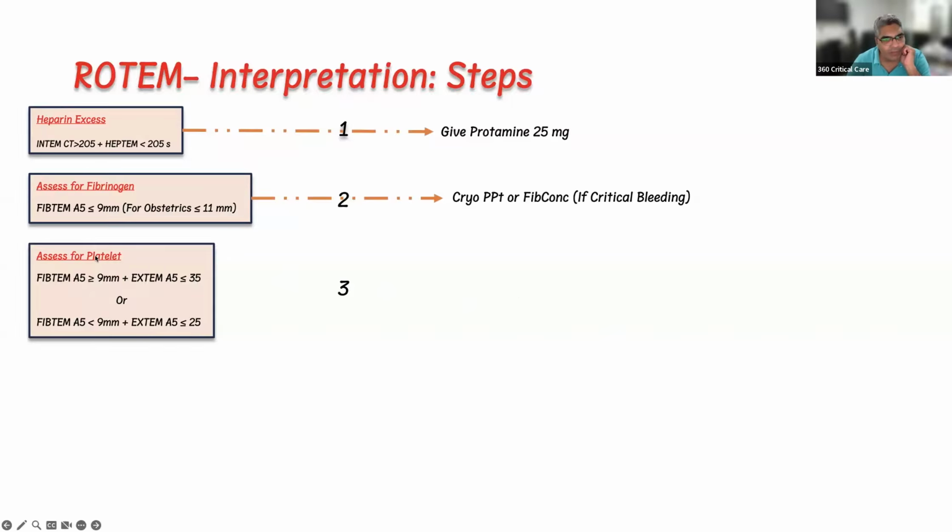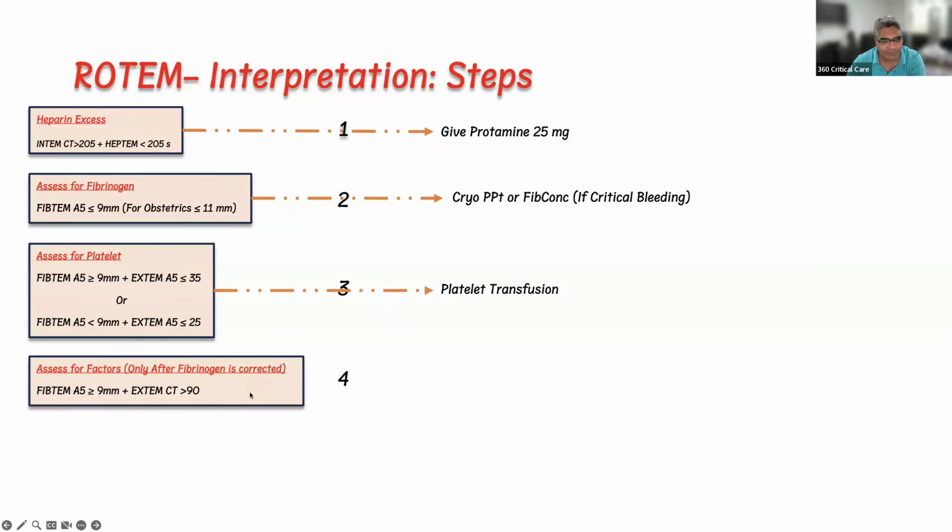Okay, so that's what it is. FIBTEM A5 is normal, more than 9, but the EXTEM A5 is less than 35, which is abnormal, or FIBTEM is low and the EXTEM is low. Both are low, or FIBTEM is normal but the EXTEM is low. That means there is a platelet deficiency. Okay, you need platelet transfusion. Next step is to look for other factors.